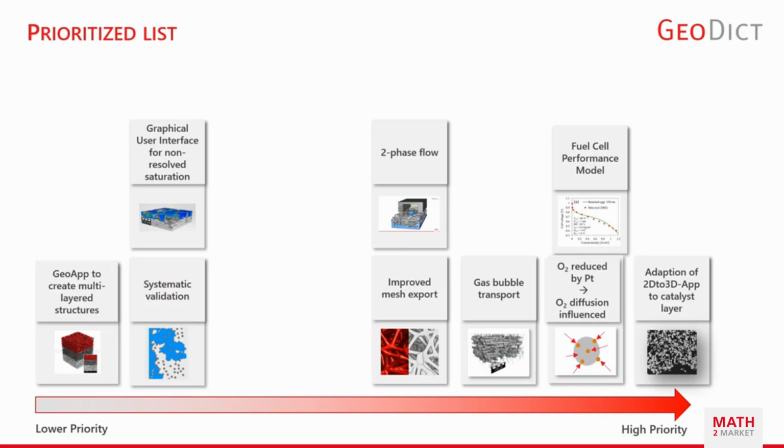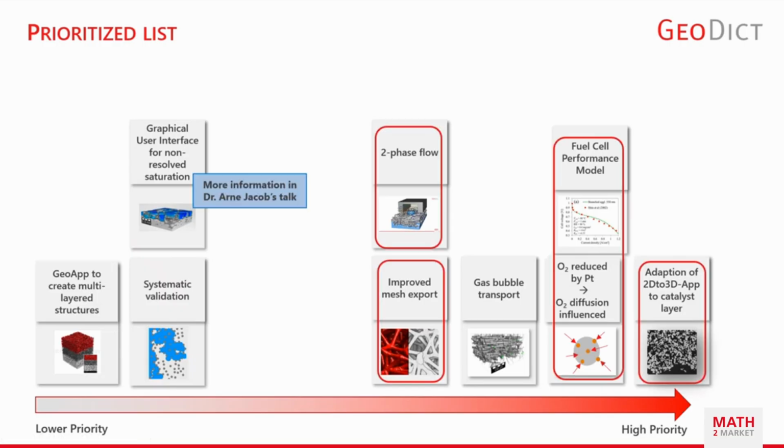Other feature requests were to have an improved mesh export, more features and better two-phase flow simulation, to be able to simulate gas bubble transport, and also to predict the performance of fuel cells, and 2D to 3D, but for catalyst structures. So I will talk about 4 different topics, and one other topic will be covered by the next talk by Arne Jakob.